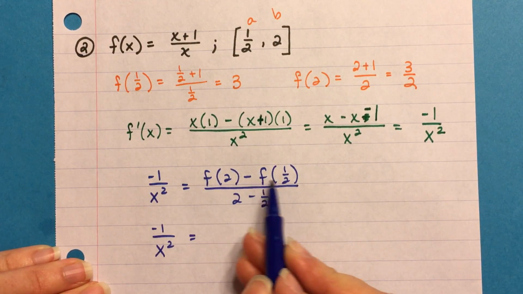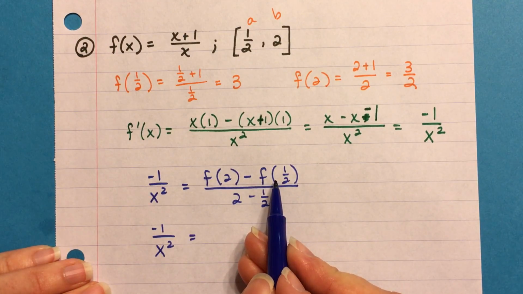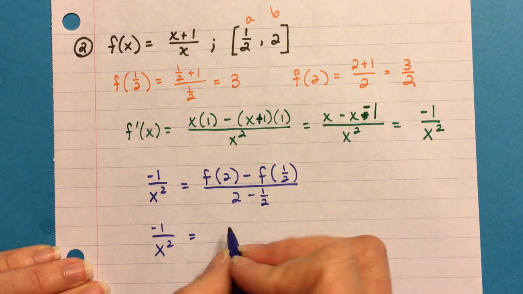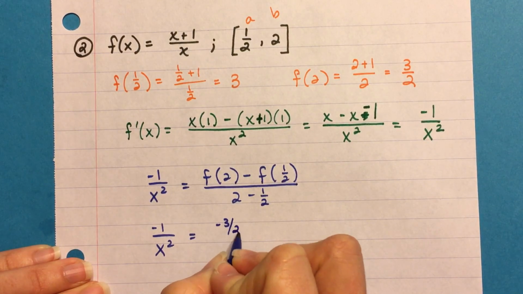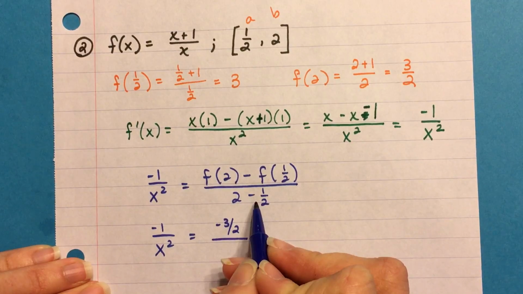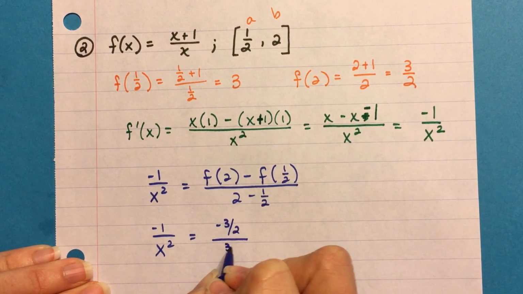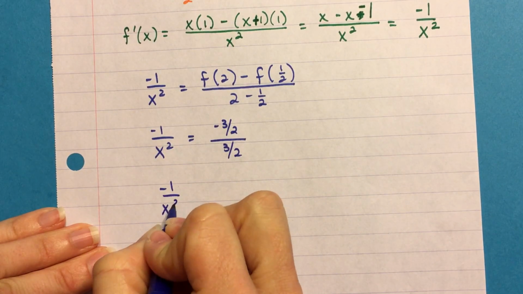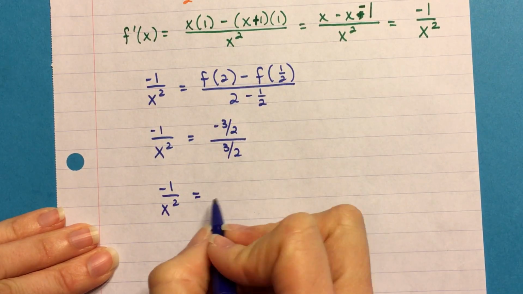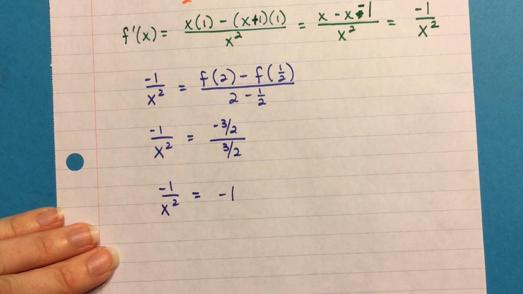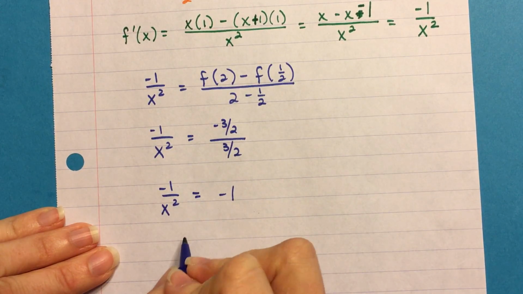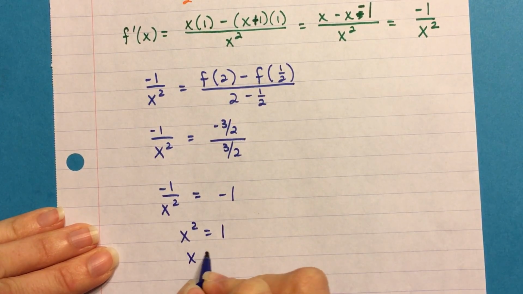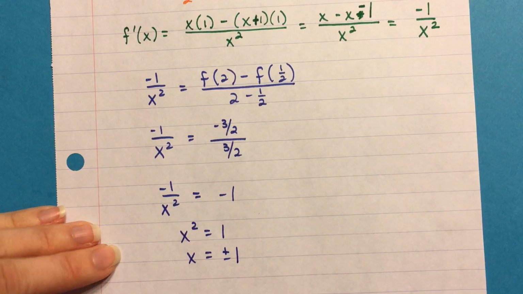Okay, so if you do the f of 2 minus the f of 1/2, so that would be the 3/2 minus the 3, then that's going to be a negative 3/2. And then 2 minus 1/2 is going to be a positive 3/2. Okay, so that'll give us just negative 1. Again, just cross multiply. So we're going to end up with x squared is equal to 1. So x is equal to plus or minus 1.